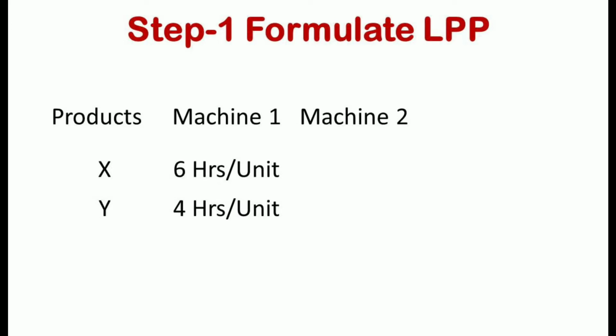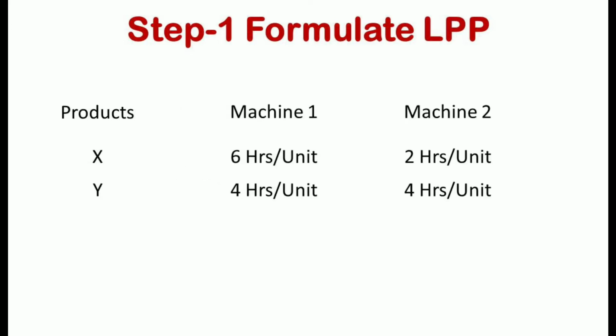At the same time, the manufacturing of product Y requires the processing of 6 hours per unit of machine 1. Similarly, the manufacturing of product X requires 2 hours per unit of machine 2, and the manufacturing of product Y requires 4 hours per unit of machine 2.